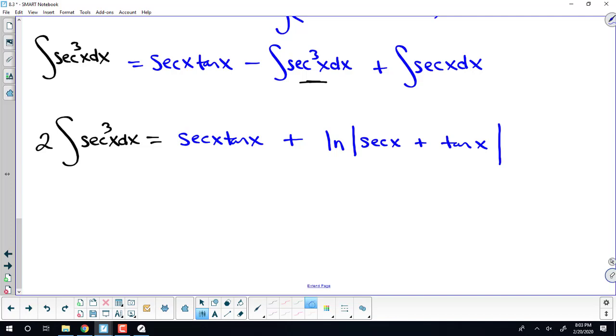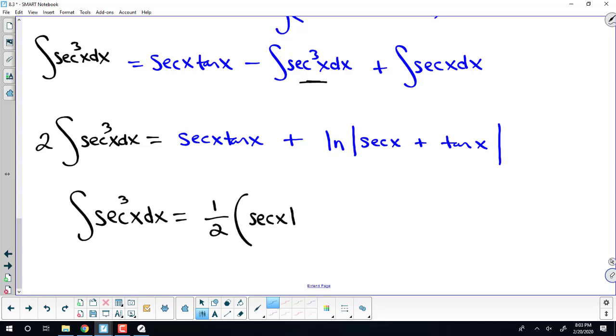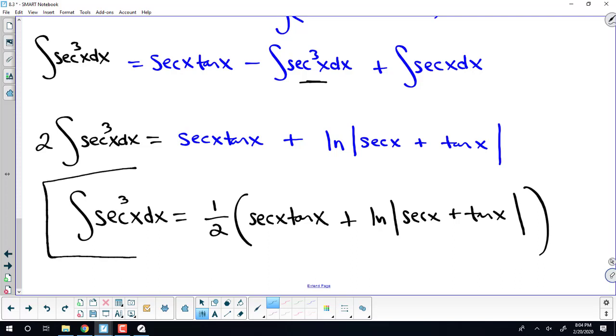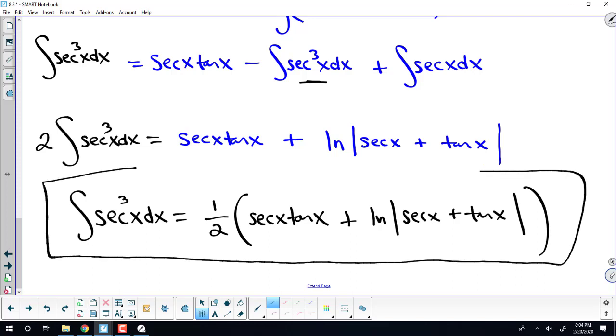I'll just rewrite it all. Just put it over here like this. So there's the antiderivative for secant cubed.